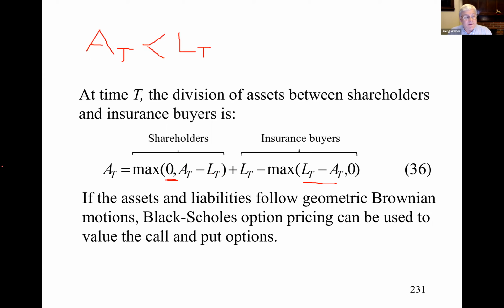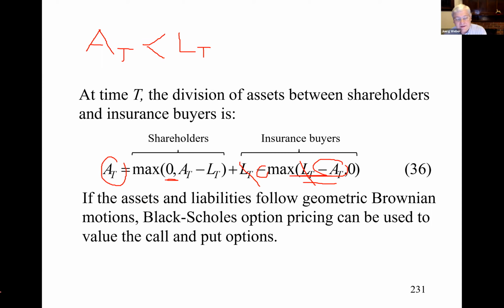So in the situation of an insurance company that's broke, LT cancels out with this LT. And then I have a minus AT, but I have another minus here. So in the end, I have AT. It's actually pretty neat.